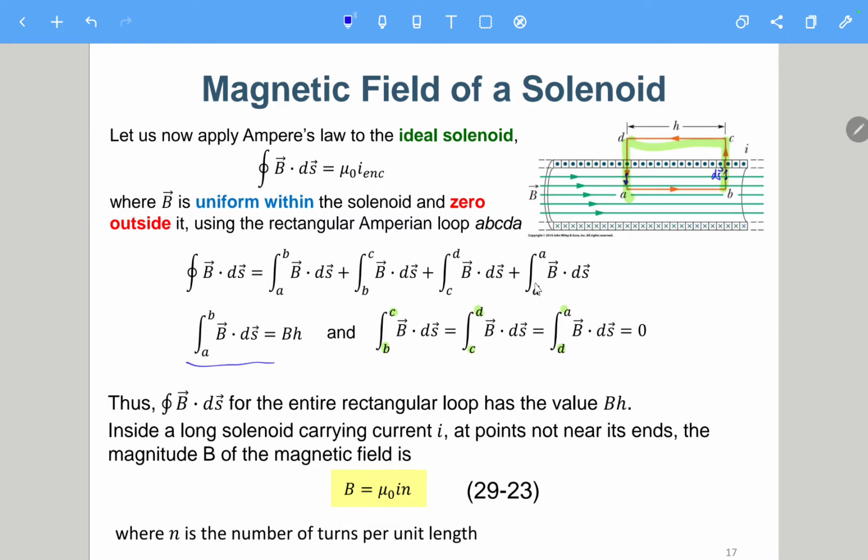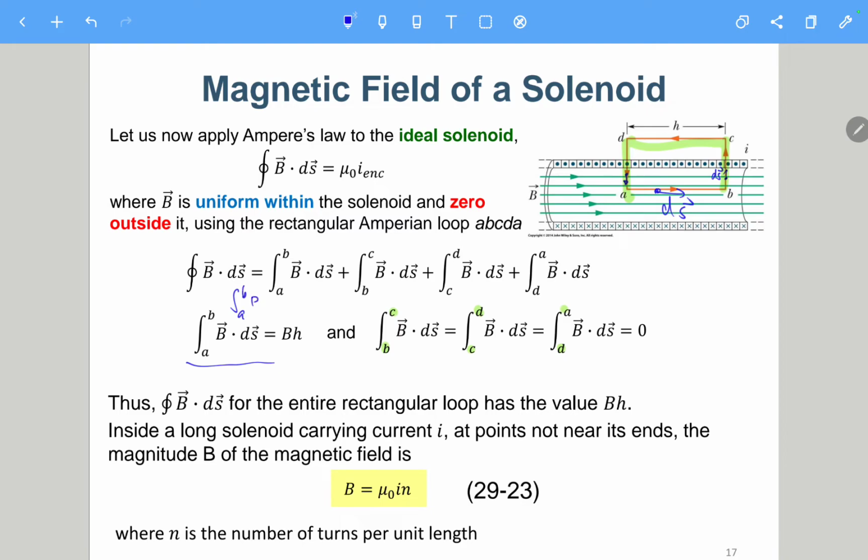Actually, A to B is very straightforward because this is a straight line, and B is also uniform and parallel to ds. Here ds points to the right side, so B and ds point in the same direction, which means that B dot ds is actually B times ds.